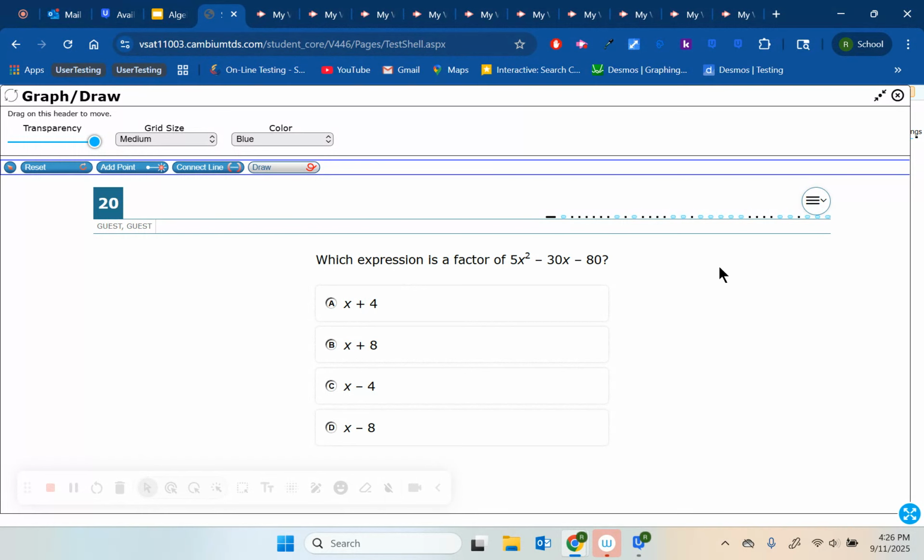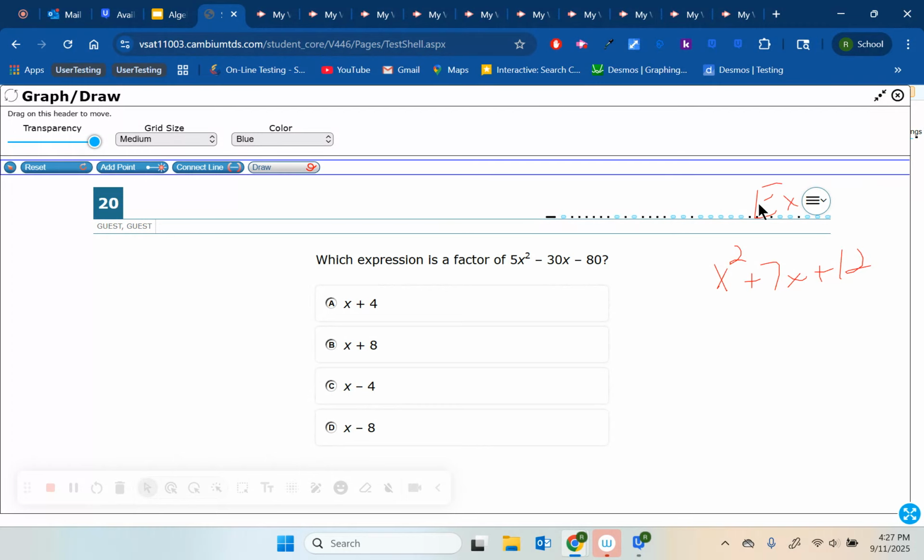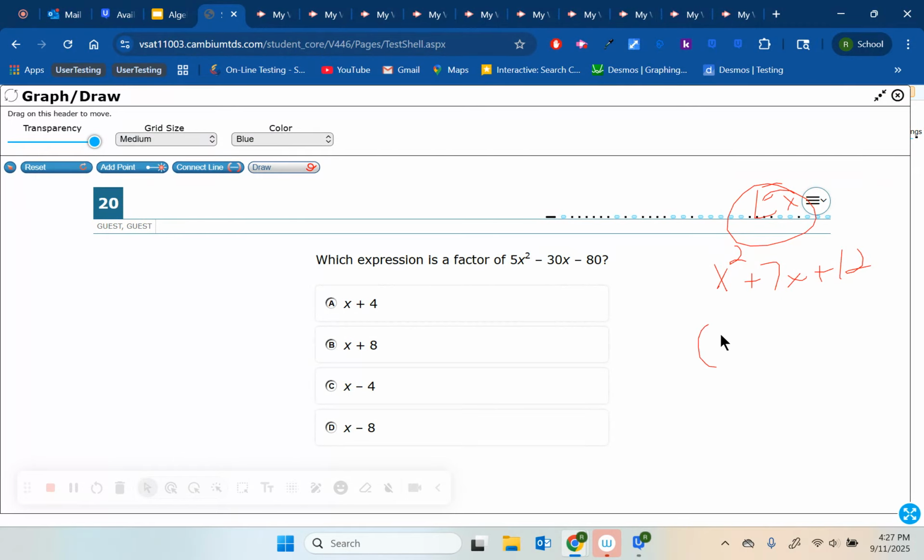If I give you an easy one, like x squared plus 7x plus 12, this is my example. We factor this out, because that's what we call factoring, right? The factors for this problem are x plus 3 and x plus 4, because if I multiply these two, I get this. So when I ask you to factor something, it's like that old school question: what is a factor of 12?